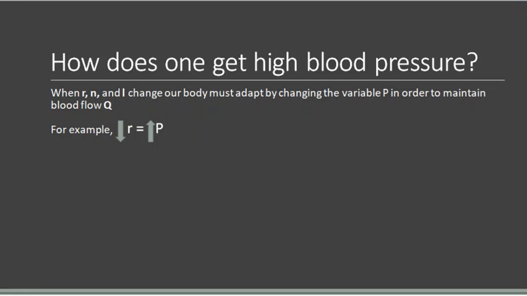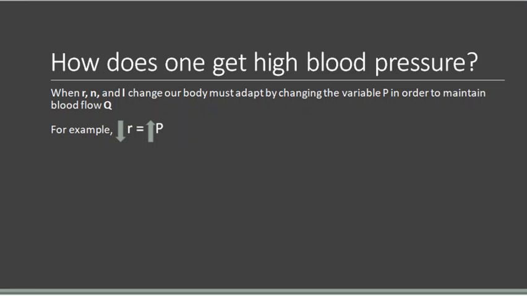So how does one get high blood pressure? The one important thing about our body is that we need blood. It is vital for our livelihood, and getting blood to our organs in order for us to function is highly important.